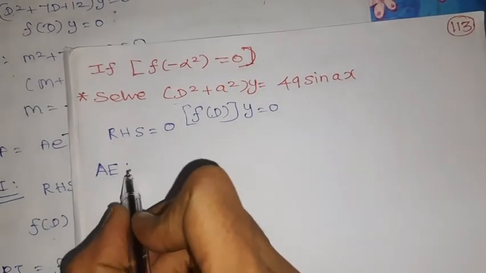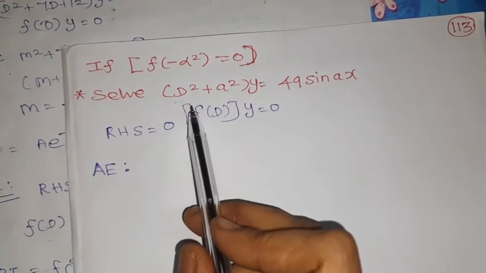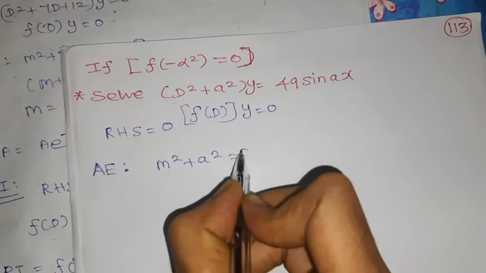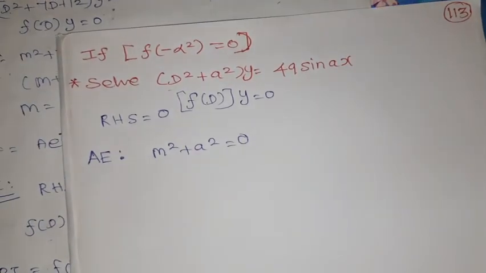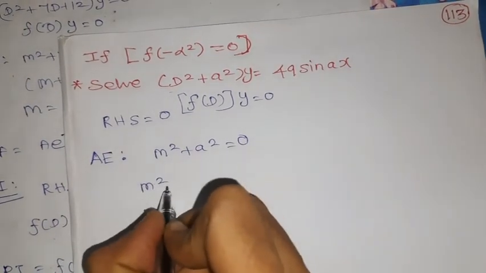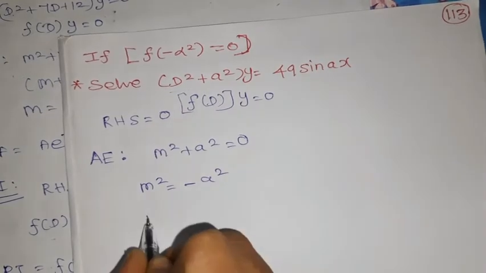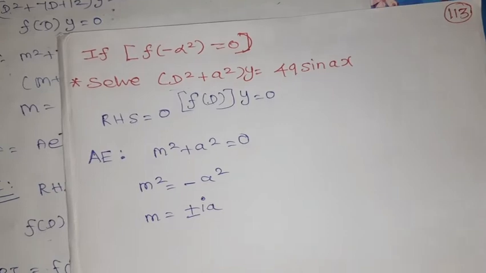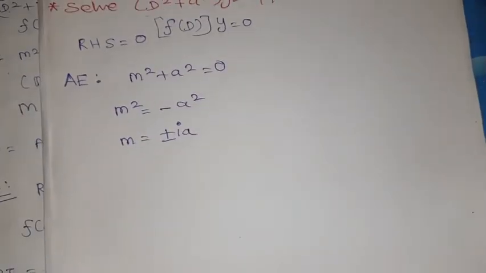The auxiliary equation is just replacing D by m: m squared plus a squared equals 0, with RHS equal to 0. Then find the roots. M squared equals minus a squared, so m equals plus or minus ia. So the roots are complex conjugates.